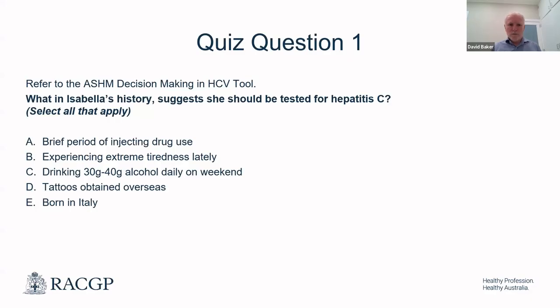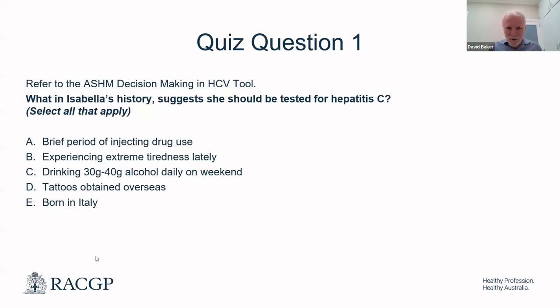So we'll just wait another 20 seconds or so. So these are the options: brief period of injecting drug use, tiredness, drinking alcohol, tattoos, or being born in Italy. So I think that's probably long enough. So if we can see the results.